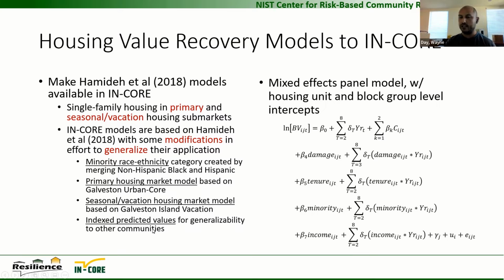Additionally, and this will make more sense later when I go through an example, we estimated the model, we have that model available for prediction, and once you get the prediction, you get predicted building values for each year, for a number of years. Then we take those predicted building values and index them for generalizability to other communities, because in INCORE the coefficients are calibrated to Galveston building values in the Hurricane Ike context.